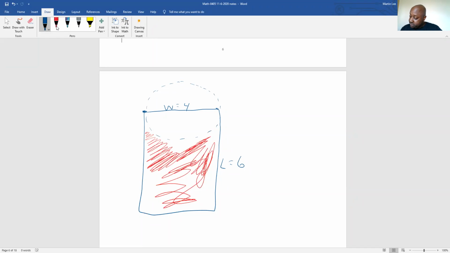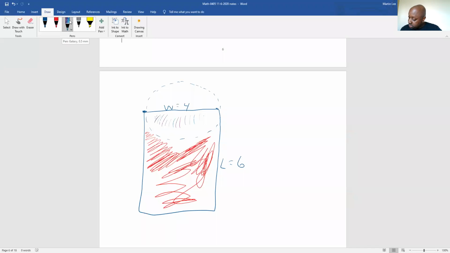Now to find the area of the shaded region, in terms of this circle, I only need to calculate just what I'm shading in now, which is half of this entire circle. That's number one.